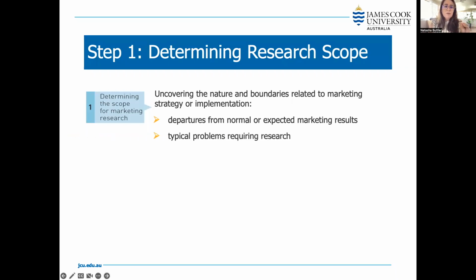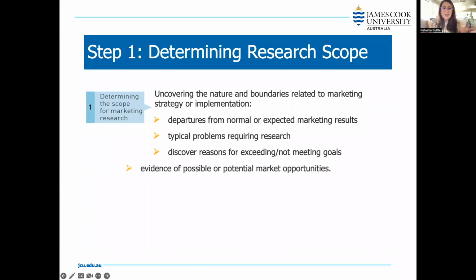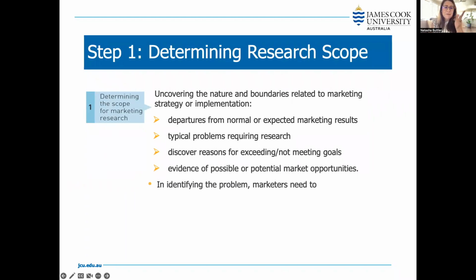We might be wanting to research or determine why there are typical problems that we have in our organisation that therefore requires research for us to identify that. It could be because we're wanting to discover reasons for either exceeding or not meeting goals. Maybe we're wanting to identify some evidence of possible or potential new market opportunities.